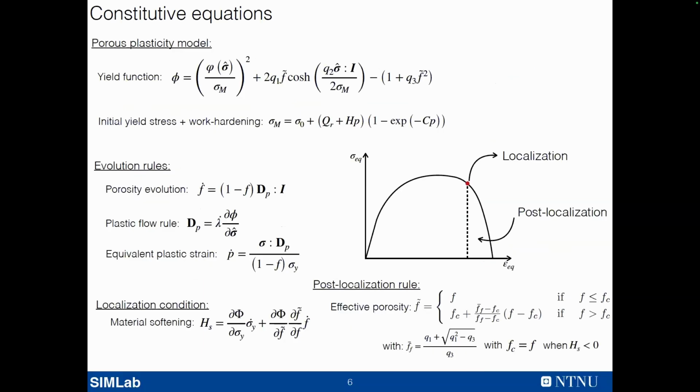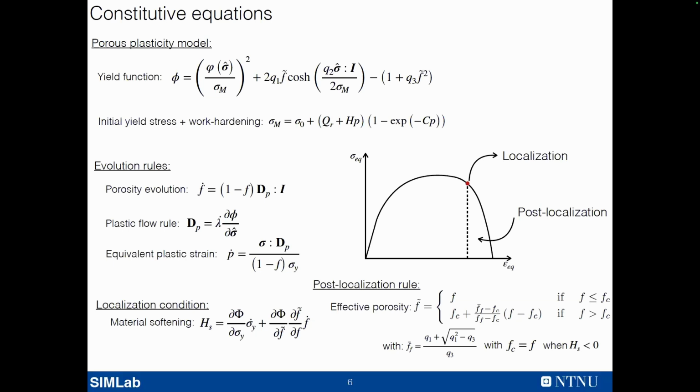To model failure, we use a modified Gurson model, in the sense that where you usually find the von Mises equivalent stress, we insert either the Barlat equivalent stress or the single crystal equivalent stress proposed by Ryou and Kuroda. We have isotropic work hardening.